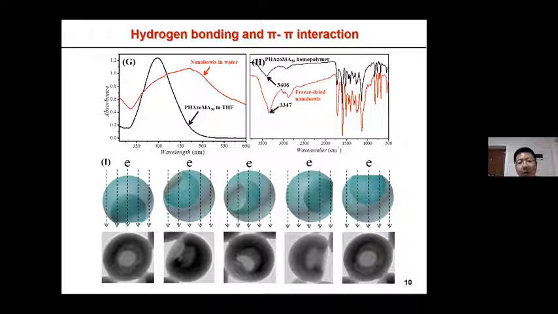Also, different from symmetric nanostructures, bowl-shaped nanoparticles will show different morphologies in TEM images when they are located at different angles. So we present 5 typical morphologies of bowl-shaped nanoparticles in TEM images.